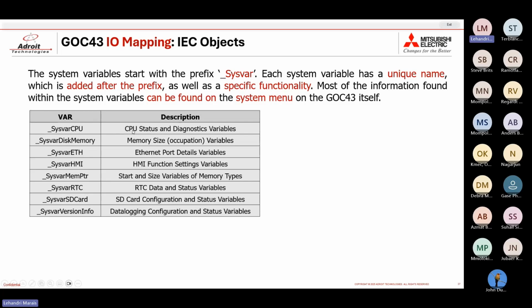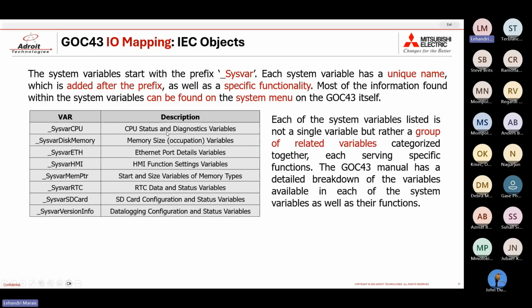So as you can see, each of them has specific functionality. Now, another thing you might notice is that the description for sysvar CPU gives CPU status and diagnostics variables. This is because each system variable is not a single variable, but rather a group of related variables categorized together, all with a similar purpose.